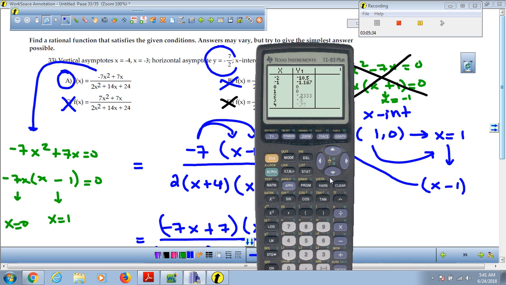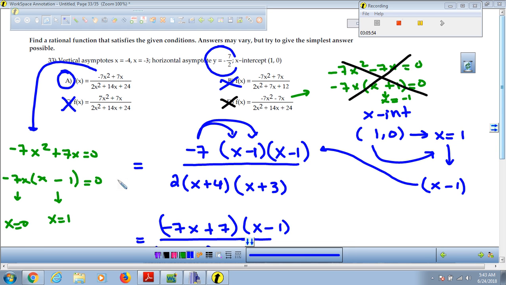Check at positive 1. See, here is one of the x-intercepts, but that's not the only one. Even with this one, there's this other x-intercept that they're not mentioning. So they're just making this question kind of tricky, but the information is there.